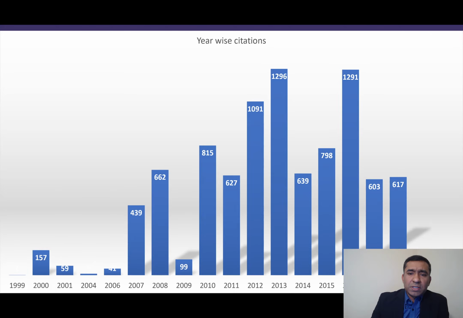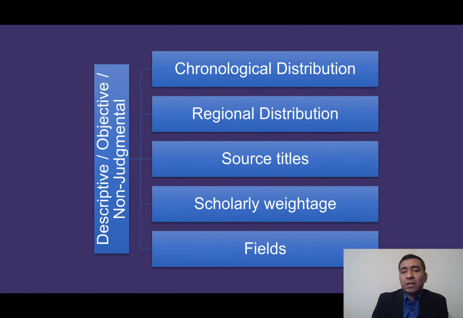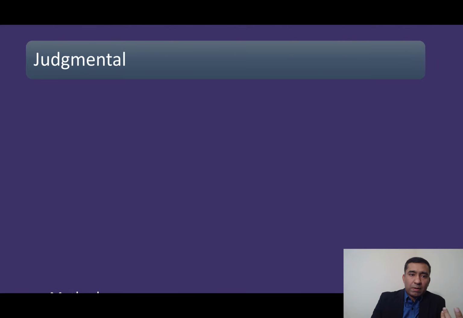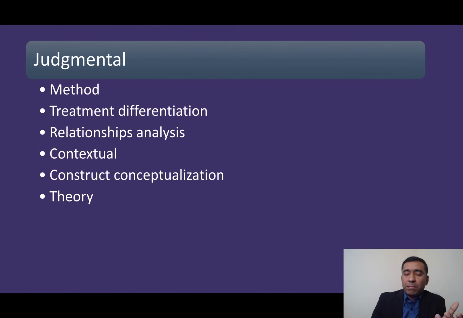Similar to this, we have some judgmental criteria as well. Now, the judgmental criteria are mainly focused on the opinions of the researcher, how you classify, how you clusterize the existing studies. For example, we have many different methods of doing this. The judgmental methods, for example, are based on the treatment, the relationship, contextual, theory based, construct, conceptualization.